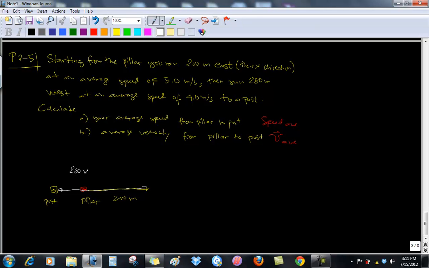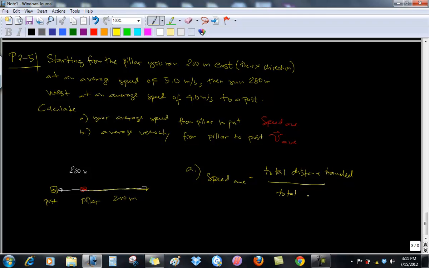Now the question is, what is your average speed? When we say average speed, letter A, the formula for average speed is total distance traveled over total time.